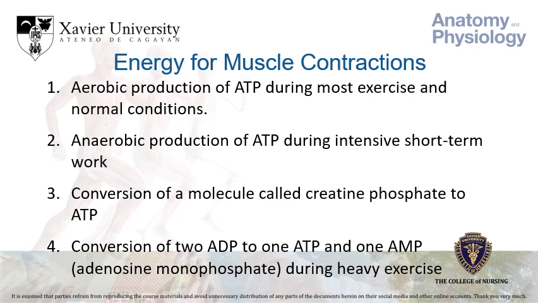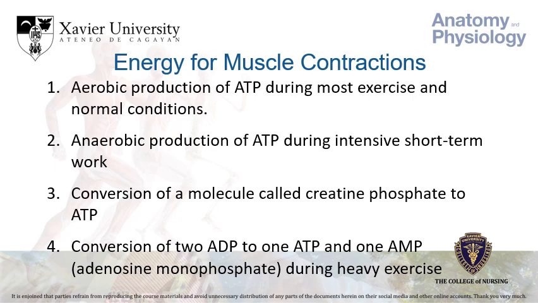Aerobic production is found in the cytoplasm and mitochondria through the Krebs cycle, oxidative phosphorylation, and glycolysis, which produces at least 36 ATP. During anaerobic production, it comes from the cytoplasm through glycolysis and fermentation, which produces only 2 ATP.